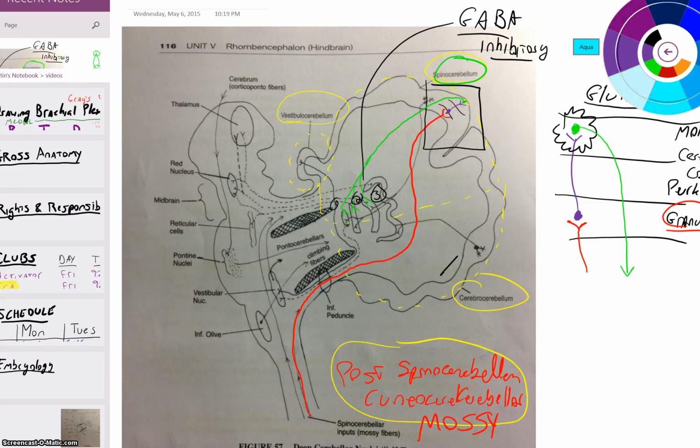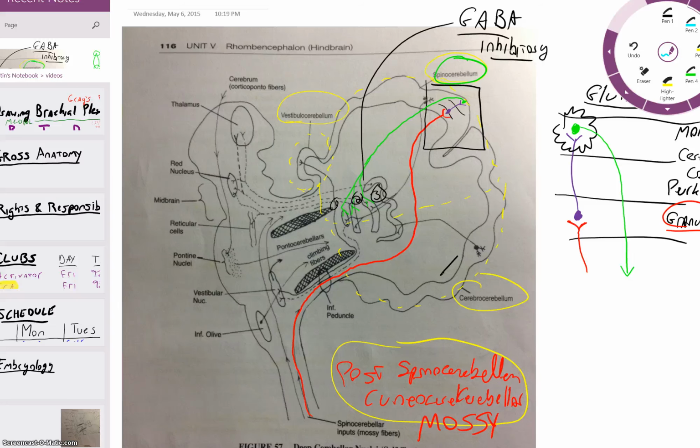Now there's a few more options here. The fastigial will tend to send axons out through the inferior peduncle, and it has a couple options. It'll go to the vestibular nucleus, it'll head to the reticular formation, which is easiest for me to remember because of that reticular cell, reticular formation, easiest to have a picture of in your head.